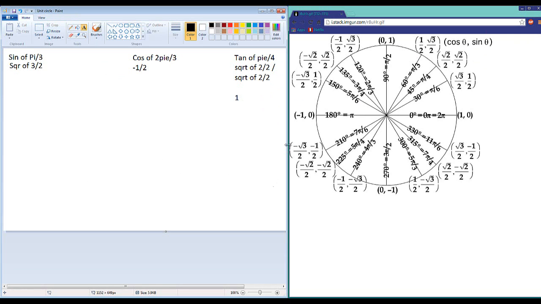Now, I'm going to teach you some strategies on how to do this math simply, or memorize the unit circle, because you will probably not always be carrying a unit circle on you. Unless you have a computer, then you will. What you want to remember is, first, we're going to go for degrees.